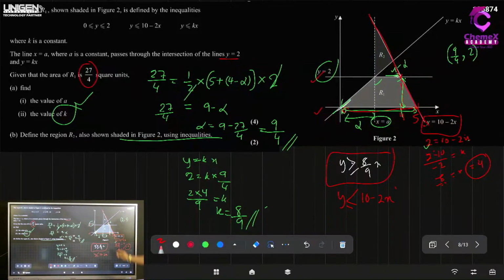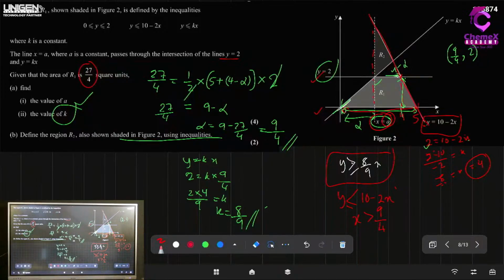Then next is x larger than. Why? Can you see this is a dotted line? So you can't put equals there if it's dotted. So it's just larger than, what is the alpha you got? 9 over 4.